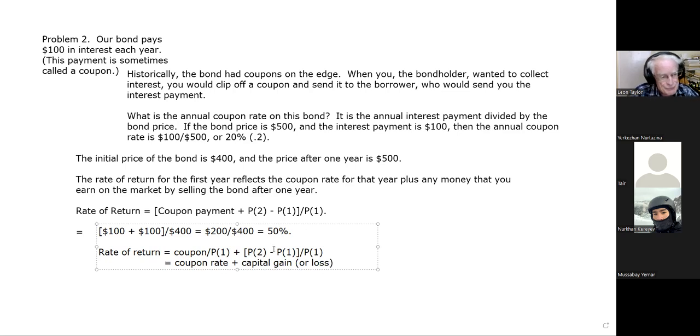So for a year, you make money on the bond by collecting interest and then by selling the bond on the market.